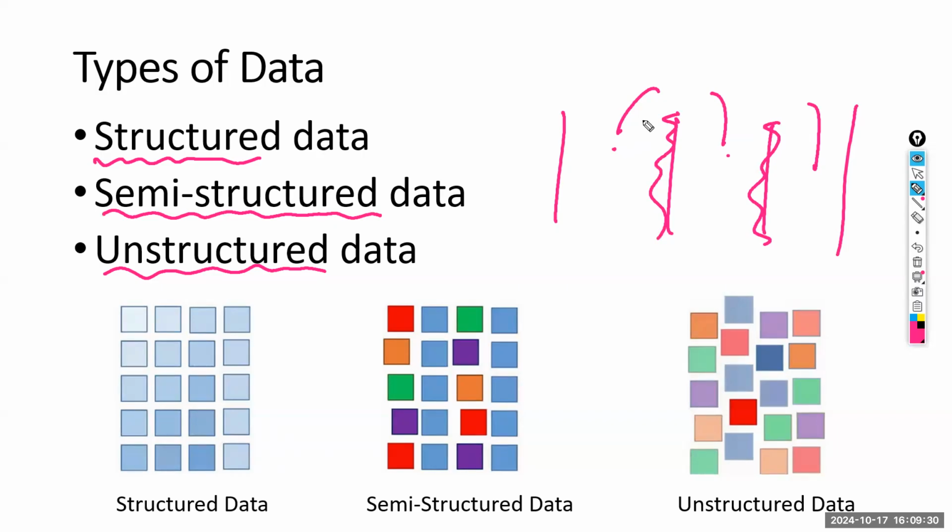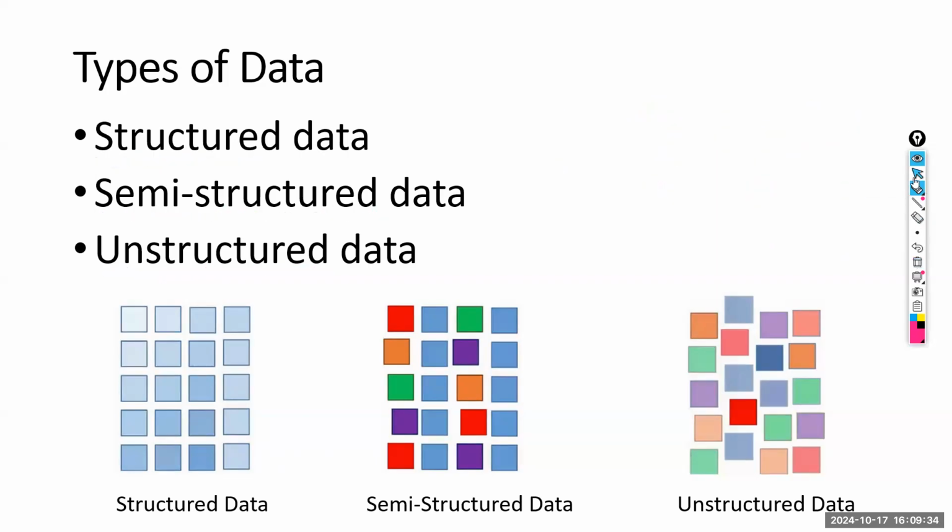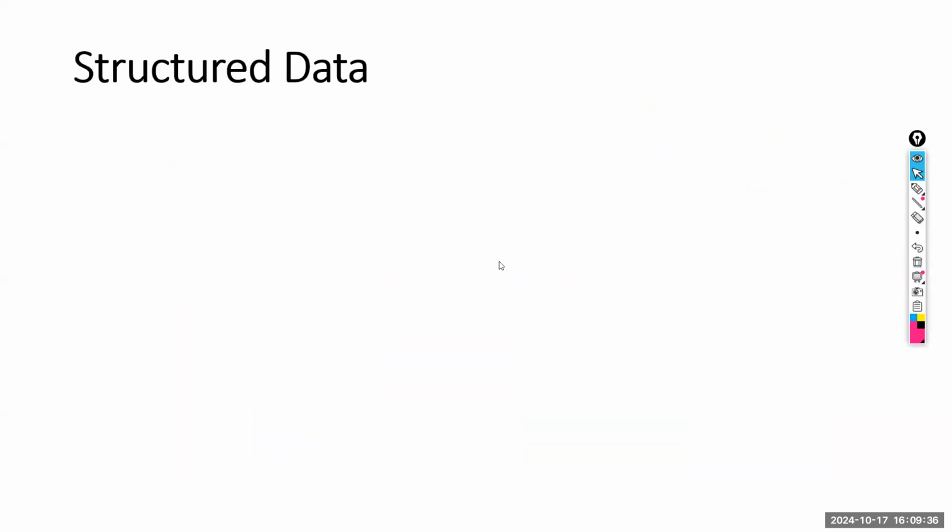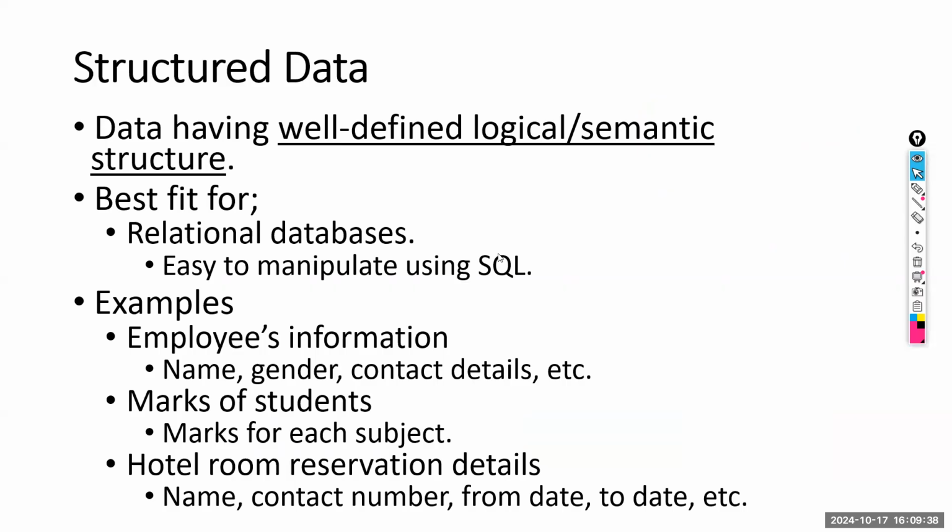Right. So what do we mean by structured data? Structured data means data with a well-defined structure. Right? Well-defined logical or semantic structure. So this is what we are really interested in in the A-level ICT database subject: structured data.